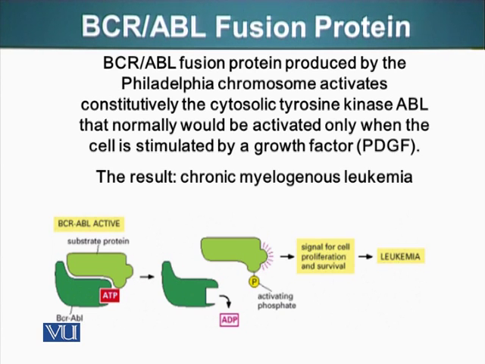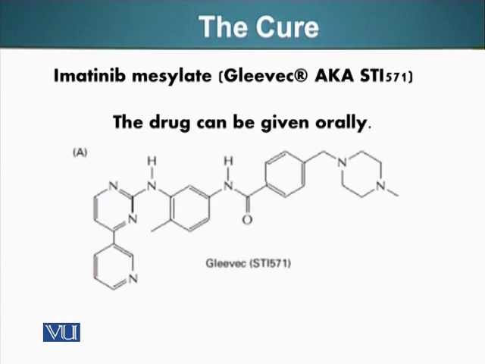So let's look at how we can cure that. One of the ways we could do that is find a molecule that would bind this enzyme and inhibit its function. People did simulations on computers. They came up with a molecule called imatinib, sold under the name Glavec. This molecule fits in the active site of this enzyme.